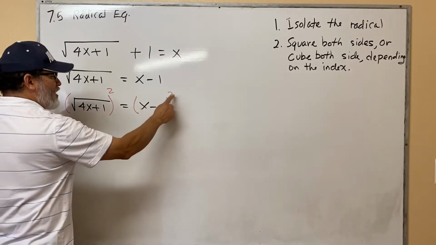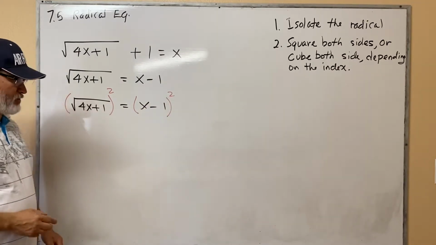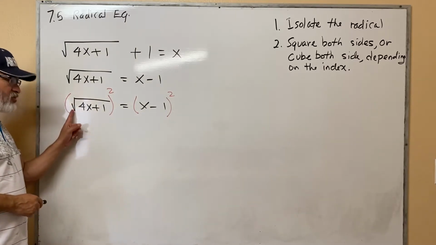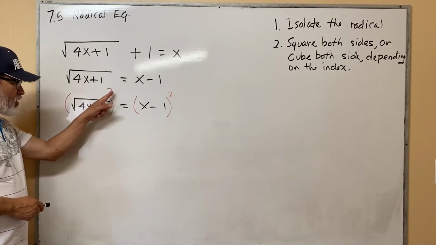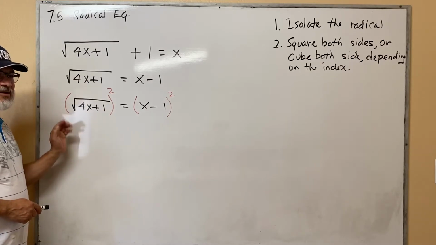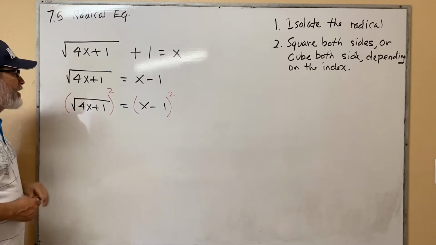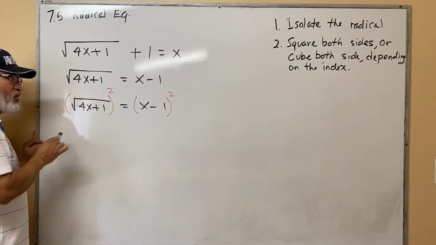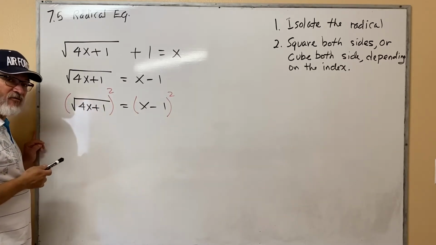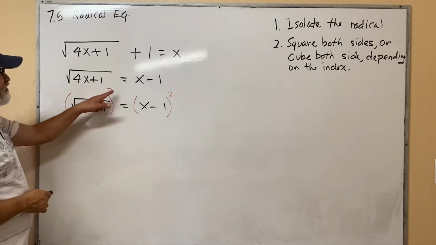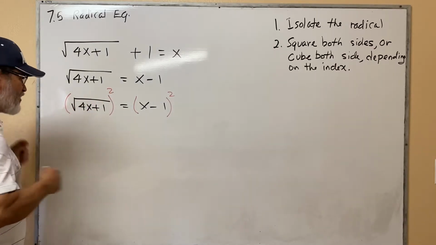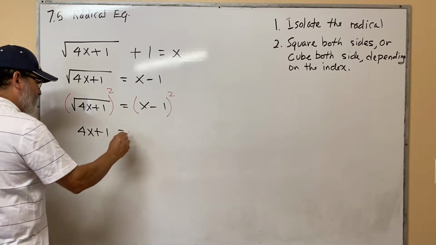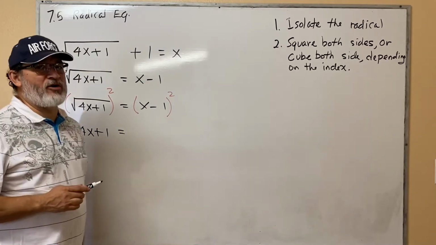When you square a binomial, you have to FOIL. Okay? This is a single radical. When you square the square root, the radical goes away. So this power is going to get rid of the square root when the square root is by itself. Okay? So this power gets rid of the square root when you square it, and we get what? 4x plus 1.